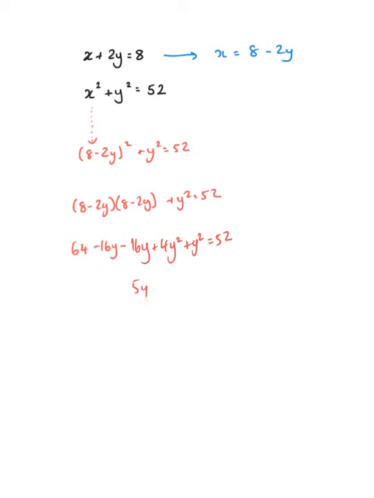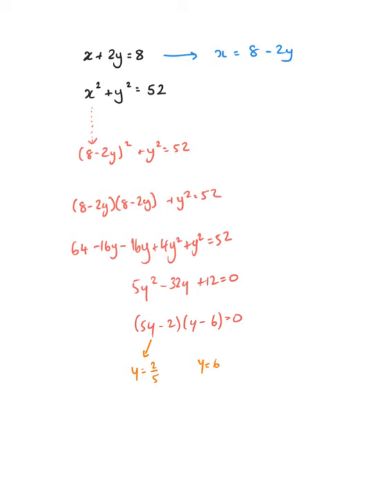If I rearrange this, I'll get 5y squared minus 32y plus 12 equals 0. And this factorises to 5y minus 2, y minus 6 is equal to 0. So again, I get two possible solutions. I can have y is equal to 2/5, or I can have y equals 6.